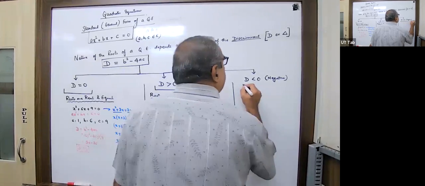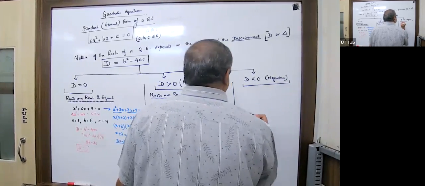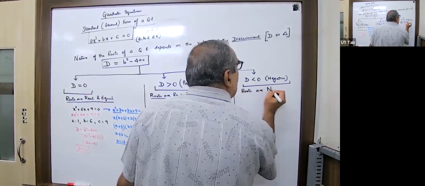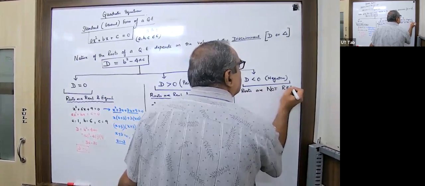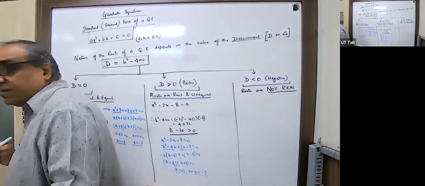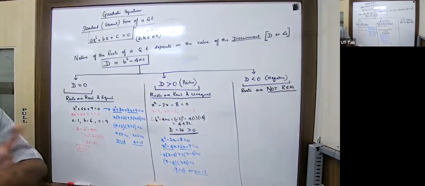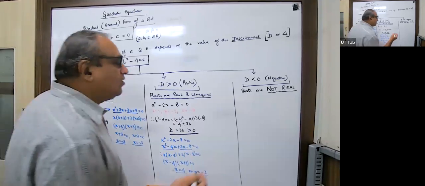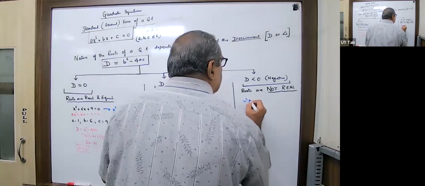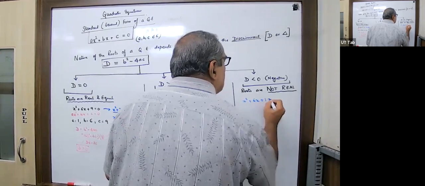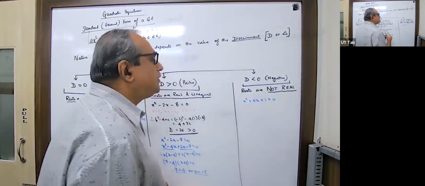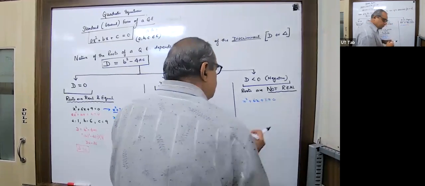If D is less than 0, if b squared minus 4ac is less than 0, roots are not real. Not real, matlab imaginary. नॉट रियल होगा अपना काम खत्म, हमको निकालना ही नहीं, रियल ही नहीं। तो इसमें लेट मी टेक एन एग्जांपल, if I give you an example x squared plus 6x plus 11 is equal to 0.